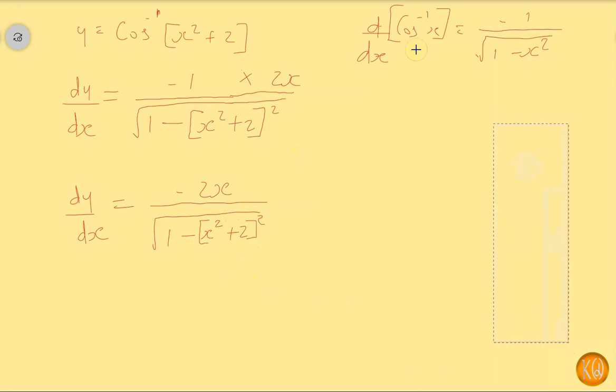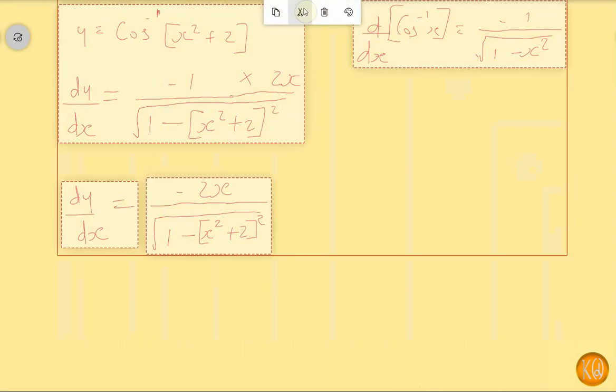So that's basically it. The questions that come under this type will be similar. Just have to know that when it's not just x or just a single variable, like sine inverse of x or cos inverse of u or something like that, if it's nothing looking like that, then usually you would apply the chain rule.